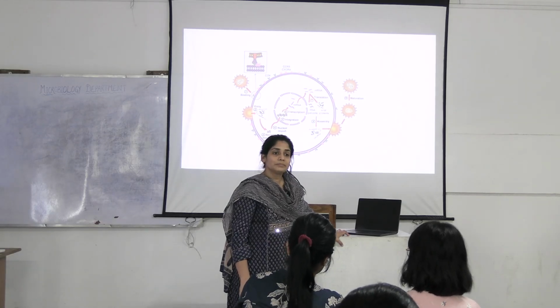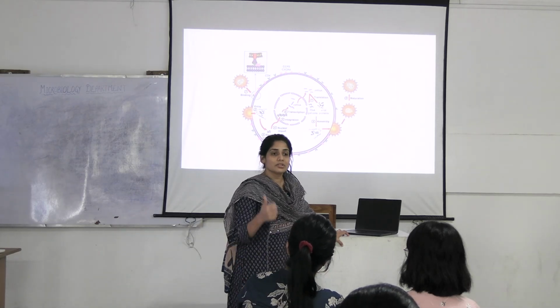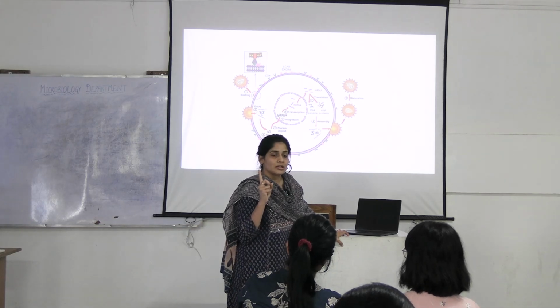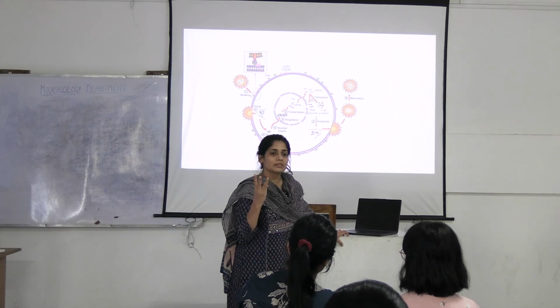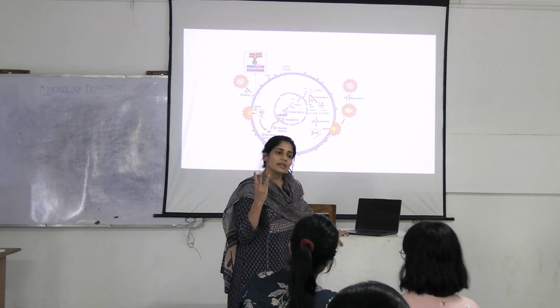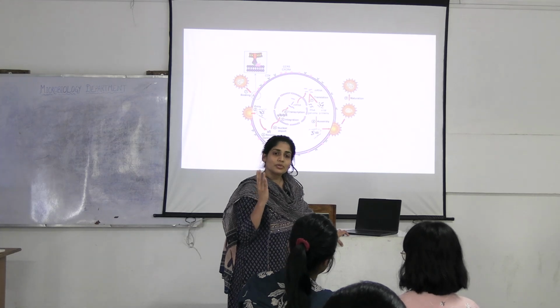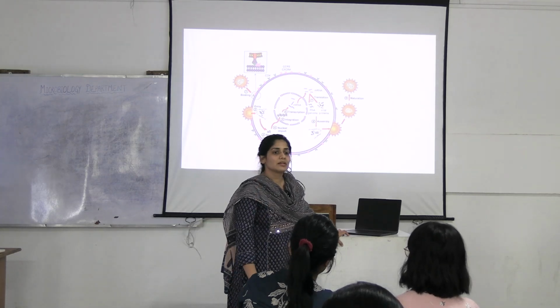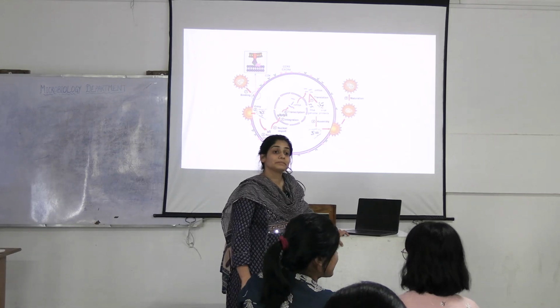Then what will happen? You will notice a generalized lymphadenopathy, which is the third stage. First stage was acute. Second, latency phase. Third, generalized lymphadenopathy. Then fourth will be the symptomatic stage. What are the symptoms you saw in the case earlier?